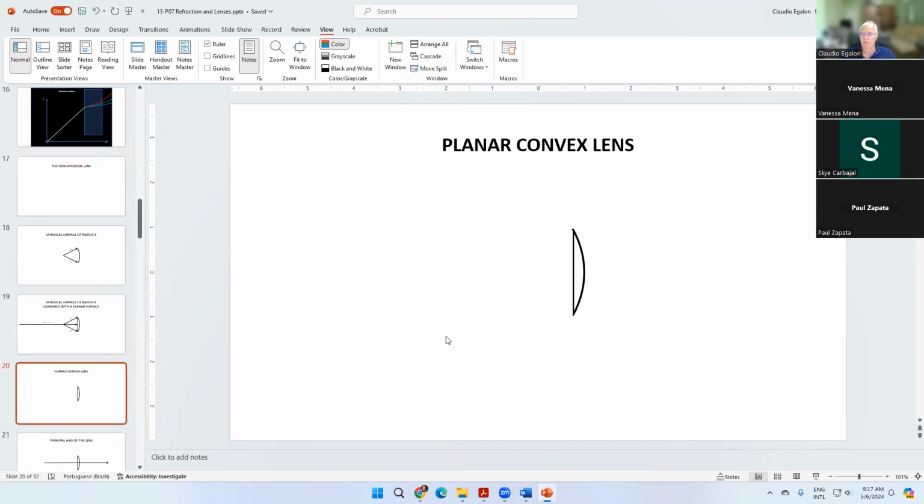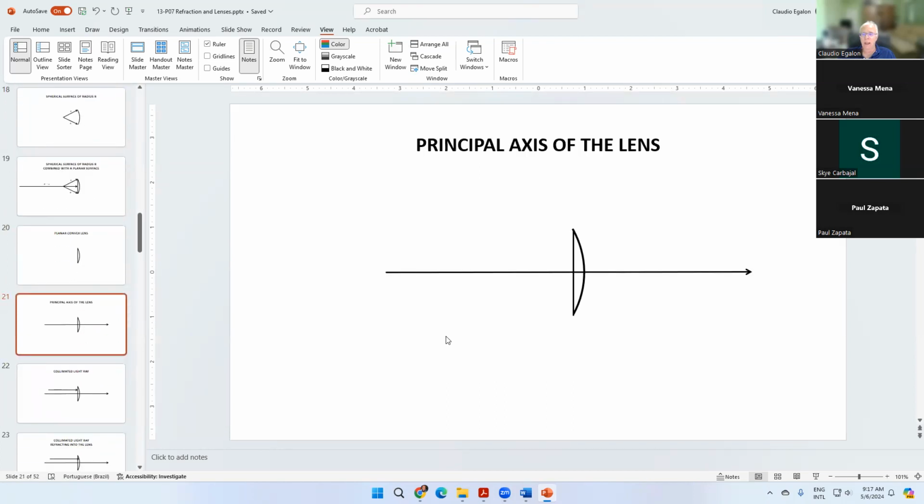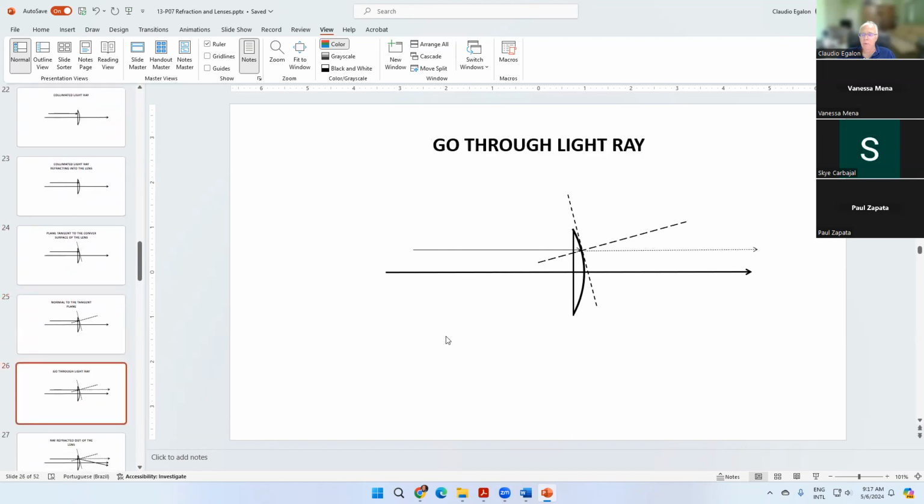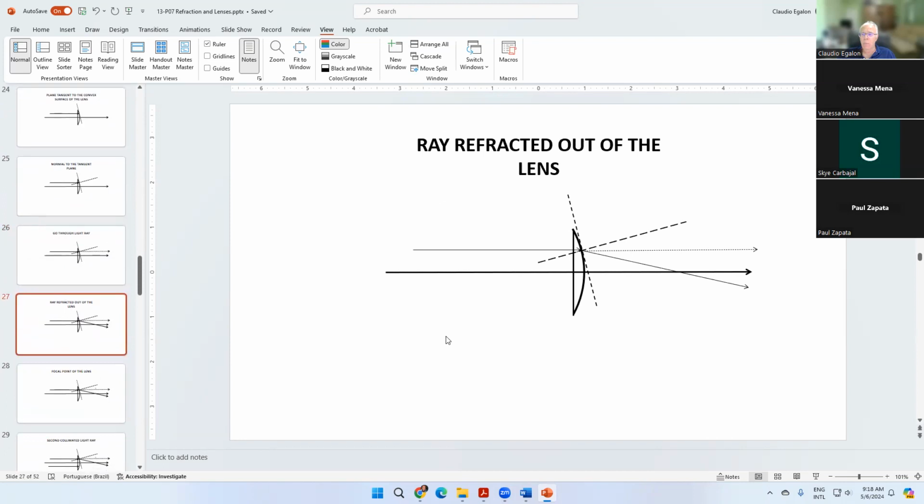We're going to play with the thing, try to predict how images are going to be formed, just like we did for mirrors. So we are going to need the principal axis of the lens. Just repeating what I did before. We're going to need, for instance, a collimated light ray parallel to the principal axis. And this collimated light ray is going to be refracted towards the focal point F of the lens.